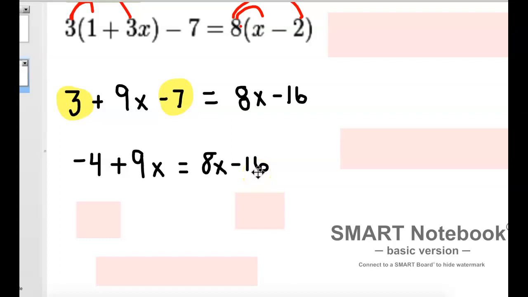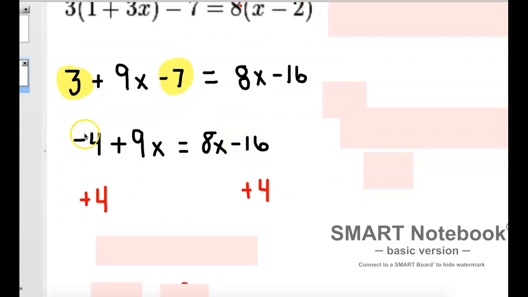All right, so the goal is to isolate the variable. We want to get all of the constants on one side of the equation by themselves and all of the x's on one side of the equation. So now we're going to have to use our inverse operations to start moving things around. If I have this minus 4, to undo subtracting 4, we're going to add 4 to both sides of the equation. Negative 4 plus 4 is just 0, so we can cross these 4's out.